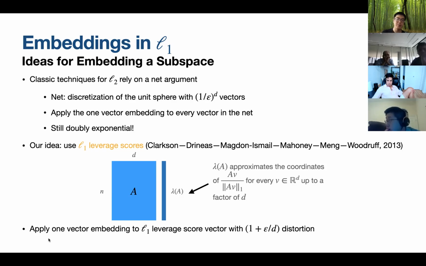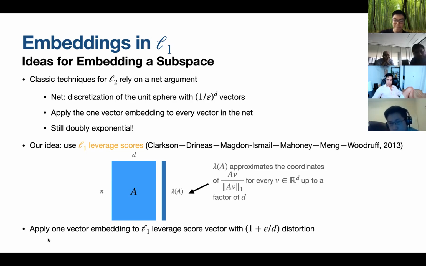But if we were able to black box this use, so if any good one vector embedding that embeds this one leverage score vector well leads to good subspace embeddings, then this translates to a lower bound for epsilon as well. But this hasn't been formalized, and I don't know if this is true or not.